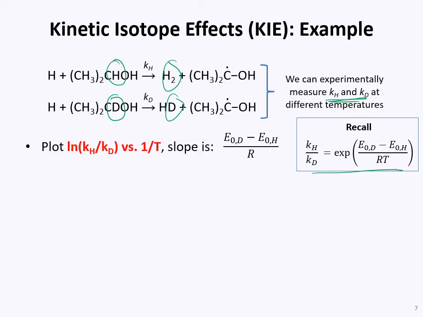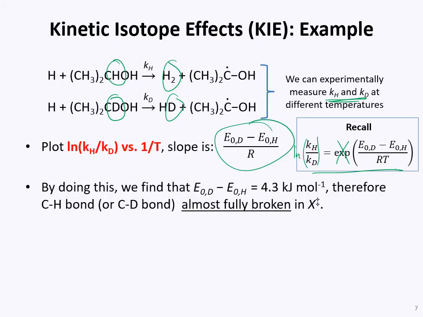Now, what we want to do is, if we've got this equation here, we can basically log both sides. So if we plot log of this versus this, then we just get rid of the exponential, don't we? So we can plot this versus 1 over T, and this is going to be our slope. And if we do that for this reaction, because we were able to measure our rate constants experimentally, it was found that our difference in zero point energy was 4.3 kilojoules per mole.